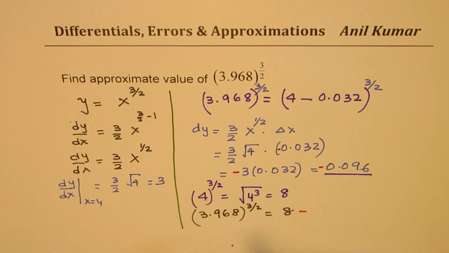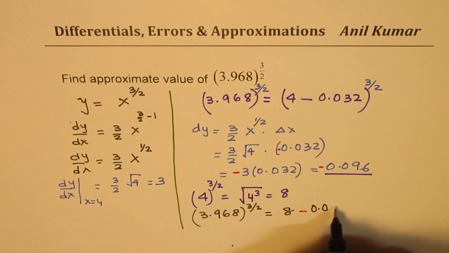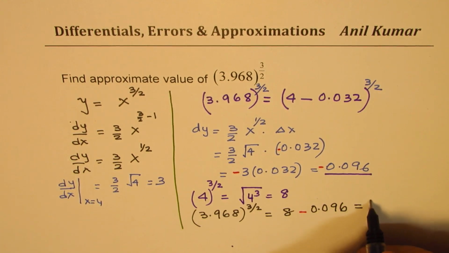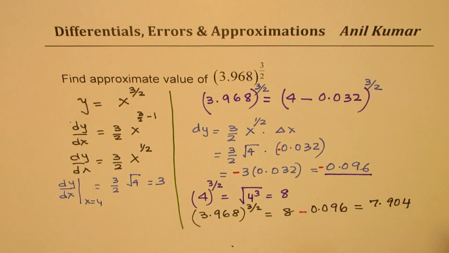So from here we'll take away 0.096. Do you see that? So it is slightly less than 8, and if you take away this, 7.904 will be your answer. Is it okay? So that is how you get your solution.